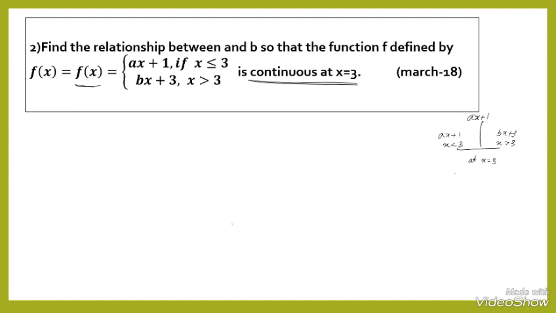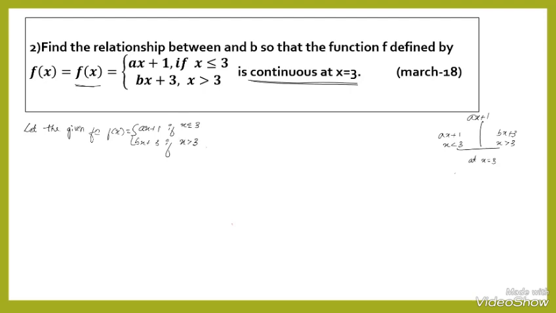Let the given function f of x equal ax plus 1 if x is less than or equal to 3, and bx plus 3 if x is greater than 3.